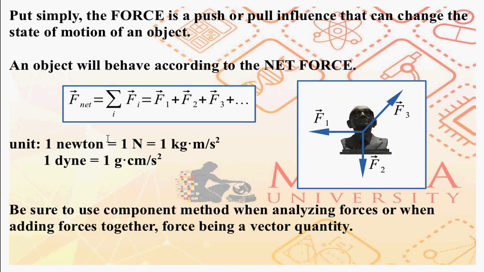So be able to convert from Newton to dyne and dyne to Newton. Two units for force: 1 Newton, MKS; 1 dyne, CGS. Again, be sure to use your component method when adding forces together because force is a vector quantity.